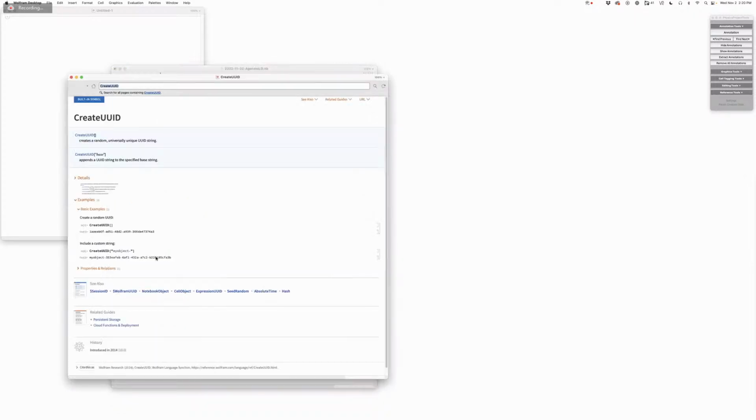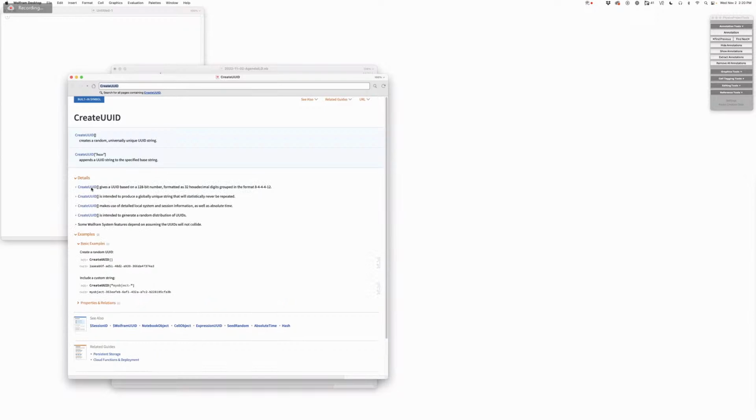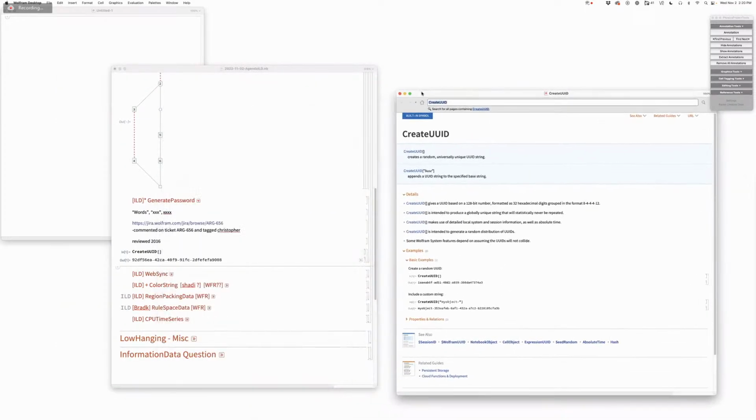I can't imagine it is. It would be crazy if it was. I think the create UUID documentation should probably affirmatively say that it is not affected by that. I bet it doesn't. Okay, we should explicitly put something in here. Okay, we'll pass that along.